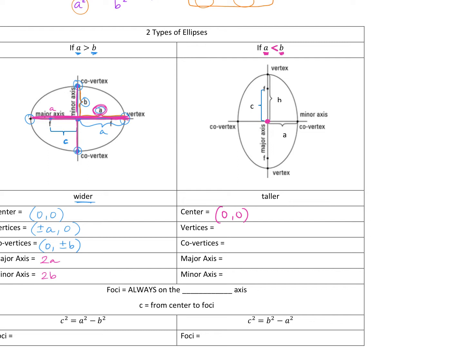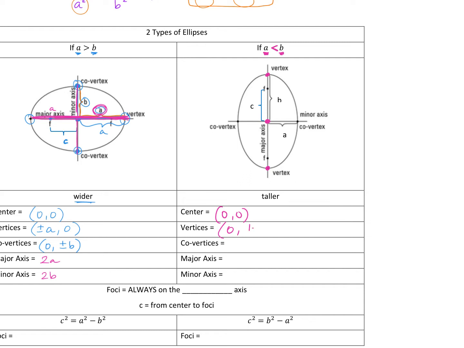So we said your vertices are always whatever is farthest away from the center. So right now, our vertices are these 2 points. Well, our B is always the vertical and our A is always the horizontal. So what are the points of our vertices now?